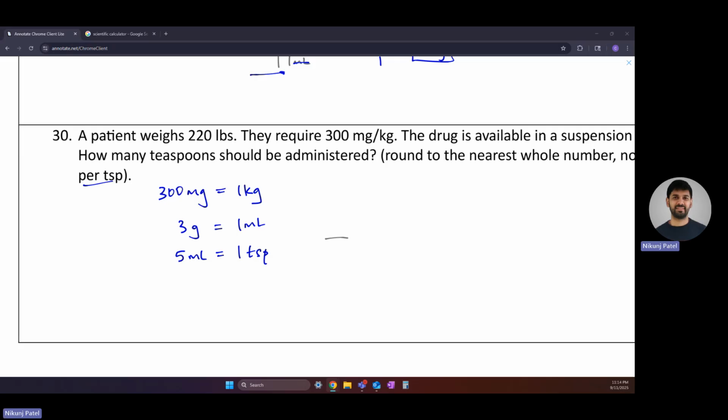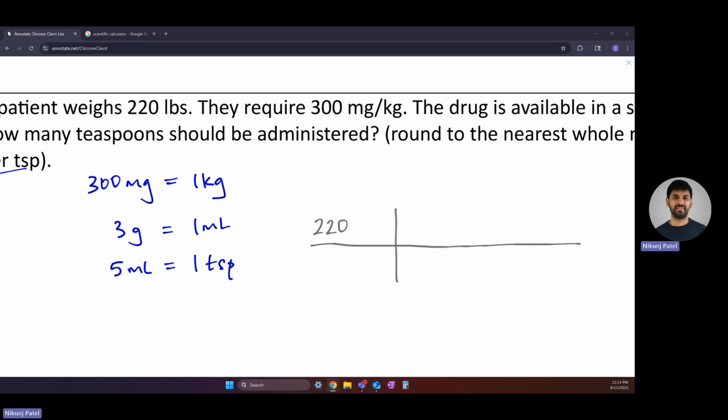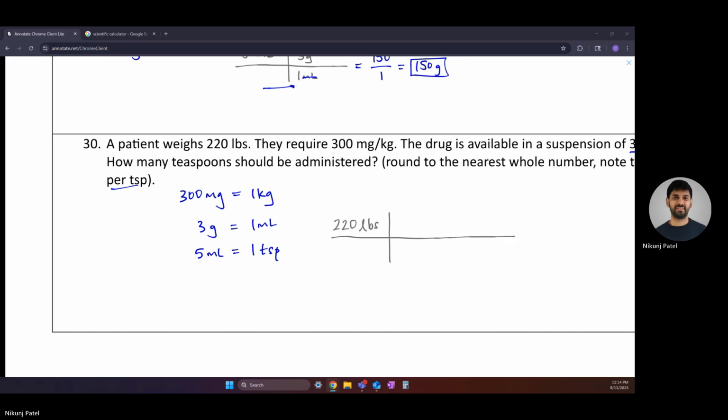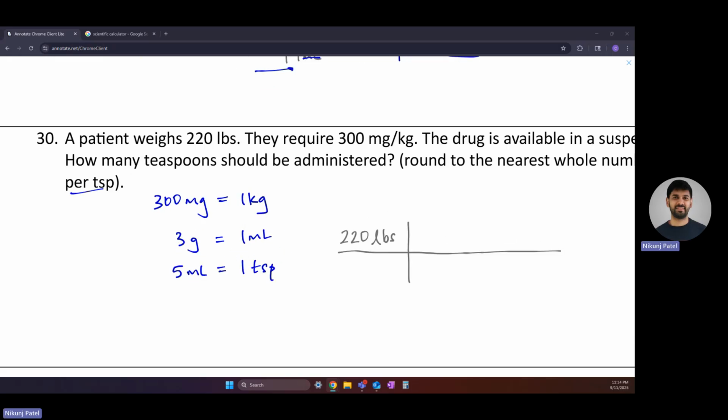So let's start building this chart. Whenever it's a weight question, medication dependent on the weight, let's usually just start with the patient's weight. And right off the bat, we don't see pounds anywhere in here.